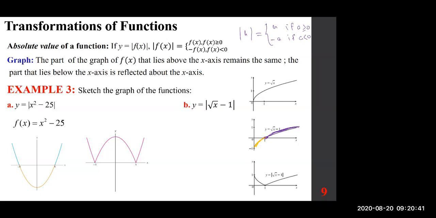The yellow one just flips over, and therefore your y-intercept that was (0, -1) changes to (0, positive 1). That's it. So I hope it's clear. So simple transformations like this, I expect you to be able to do something that simple. Okay, class? All right.